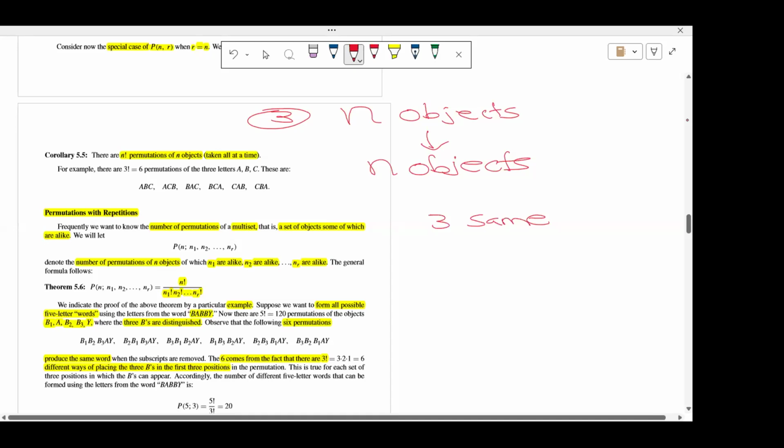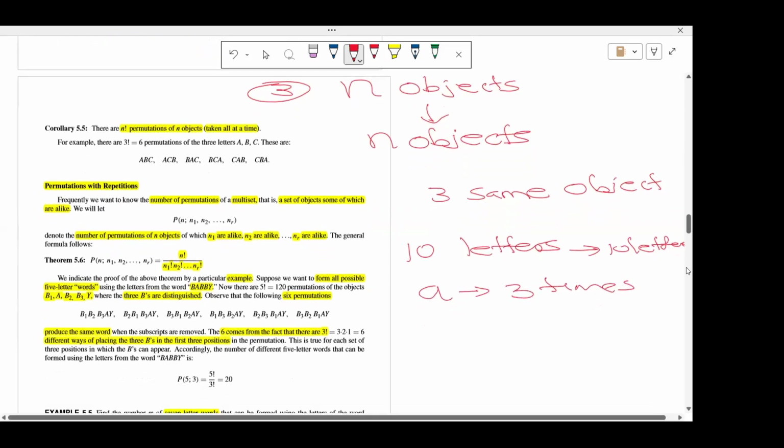Let's say we have 10 letters and we need to use all 10 letters. The condition is that, from these 10 letters, three letters are A. A occurs three times.